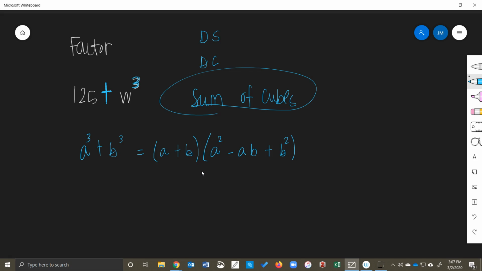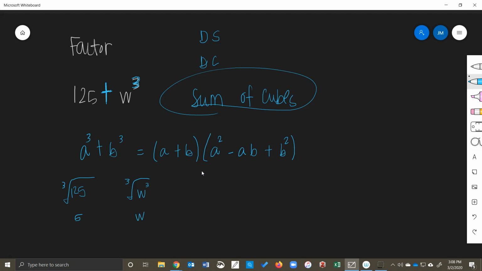with our problem, 125 plus w cubed, I have to see if 125 has a cube root. I'm going to take the cube root of 125 and the cube root of w cubed. The cube root of 125, pretty much most calculators do this, but you just see what you can multiply by itself 3 times to get 125, and that's 5. 5 times 5 times 5 is 125.